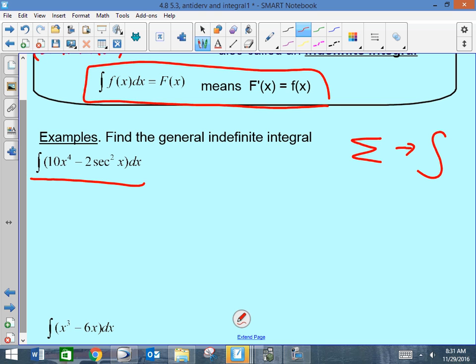The integral of 10x to the fourth minus 2 secant squared x dx equals, you are looking for the antiderivative. Okay? They're not going to use both of the languages typically. Okay? All right, so go ahead and do that one. We're finding the antiderivative.